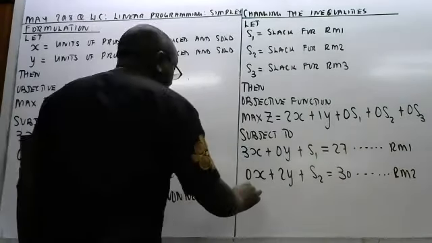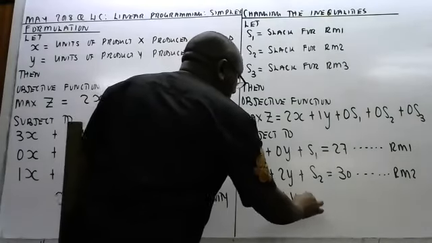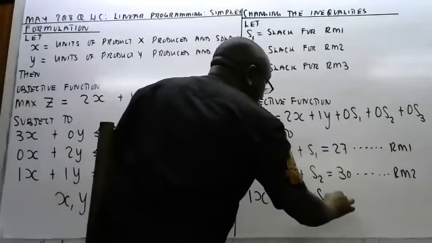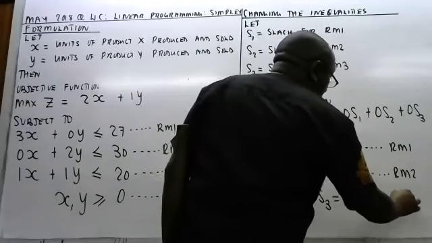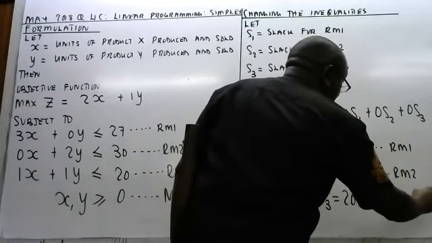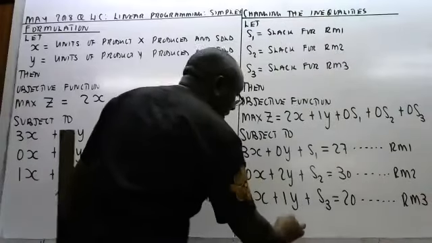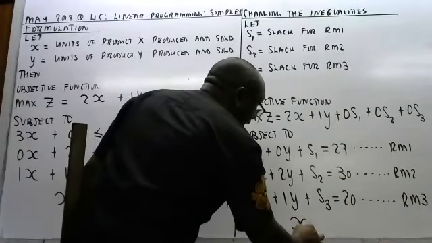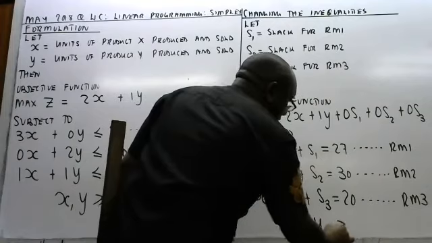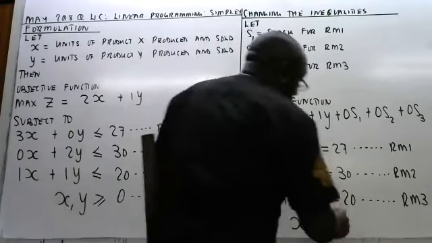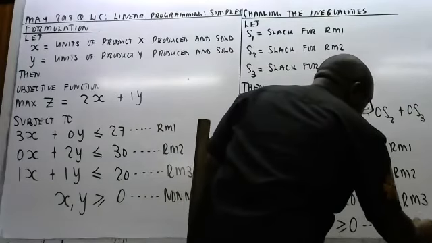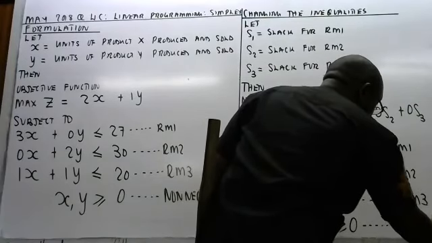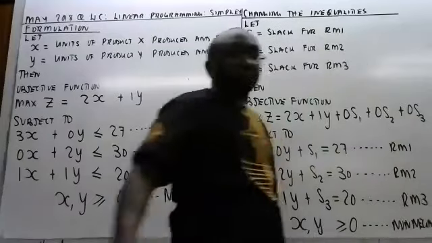Then 1X plus 1Y plus S3 is equal to 20. And this is raw material 3. And obviously X, Y should be greater than or equal to 0. This is non-negativity.